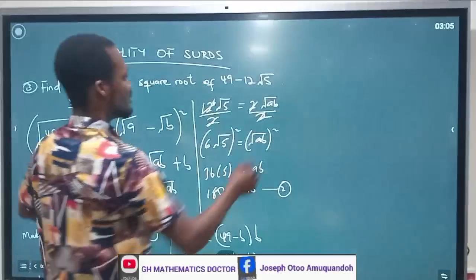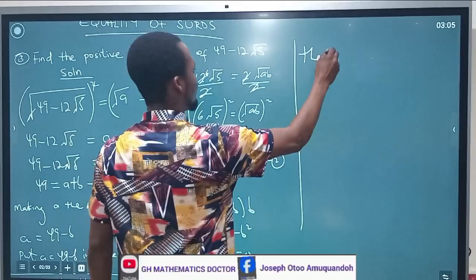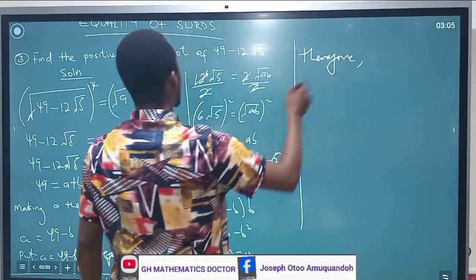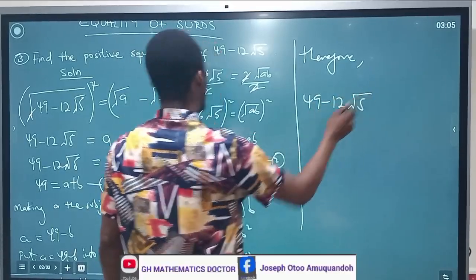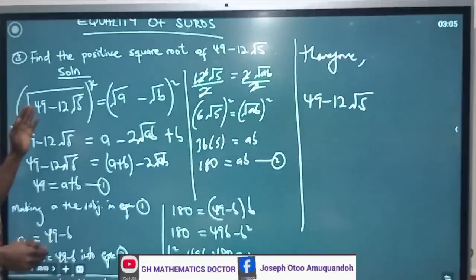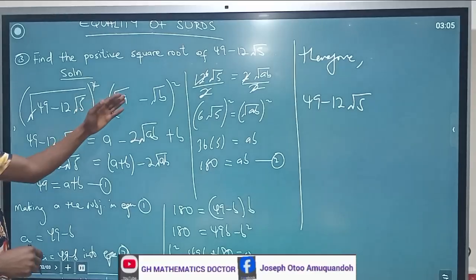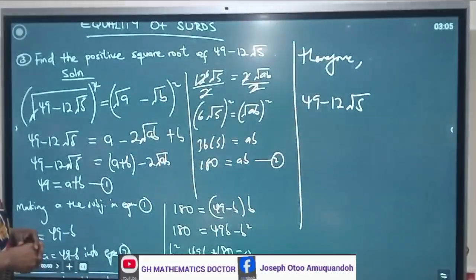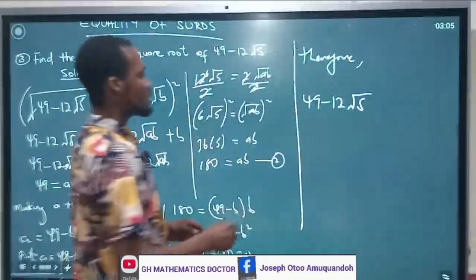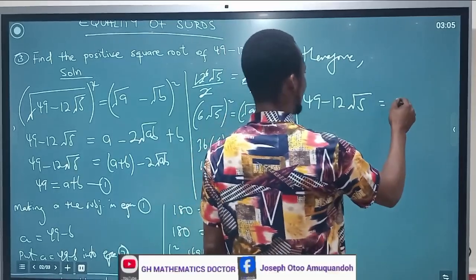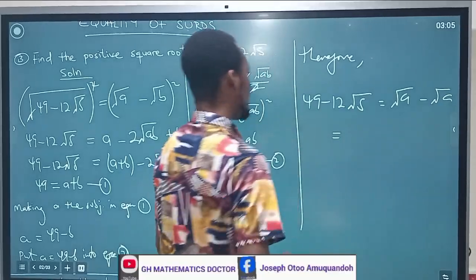Okay, so let me write it here. Therefore, the question 49 minus 12 root 5, you can see from the beginning, there's two separate squared sets for the question to be solved. So in this case, we are going to say that root A minus root B is the answer you are going to produce.